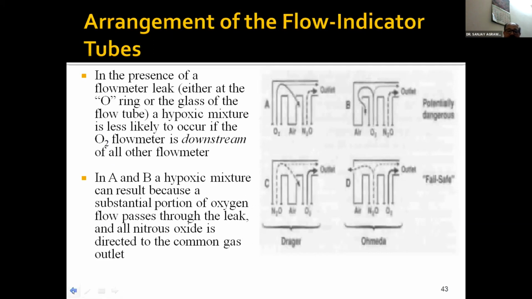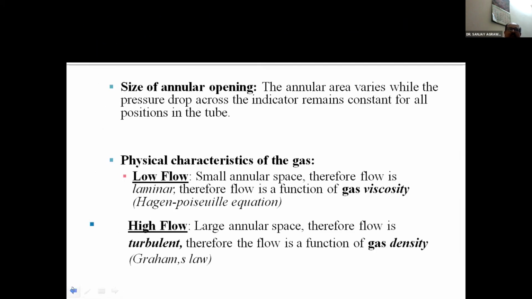Just to tell you, the Bourdon gauge was working on a constant orifice or cross-sectional area, but the pressure was variable because it depended on the amount of gas present in the cylinder. So that was working on the principle of constant orifice, variable pressure.